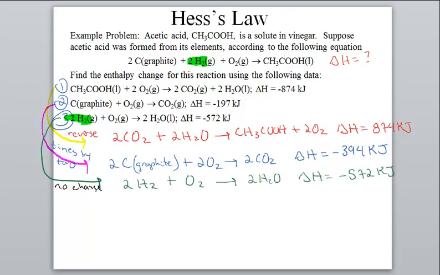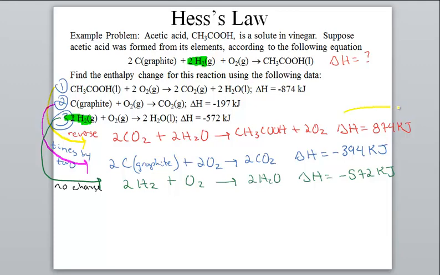After doing that, we have 2 reactions that were modified, one that's staying the same. Reaction number 1 would take energy from the surroundings, and reactions 2 and 3 both would release energy to the surroundings.